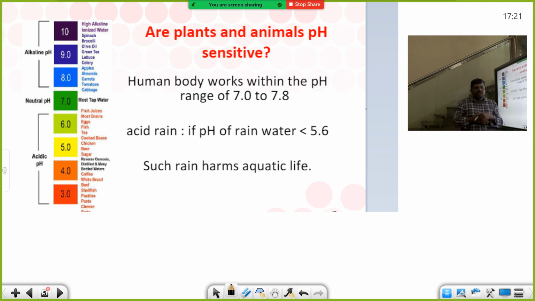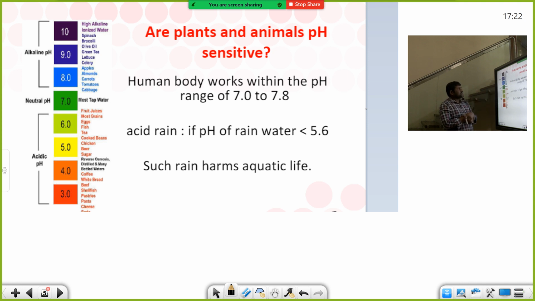Just think about it. So to avoid this, the release of pollutants from the industries, the oxides of non-metals, must be controlled with precautions. Okay.